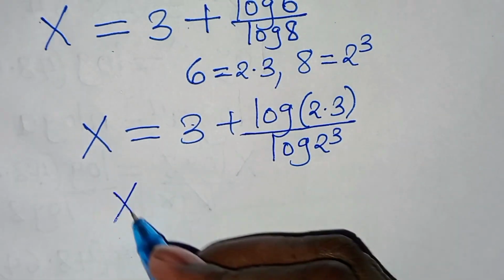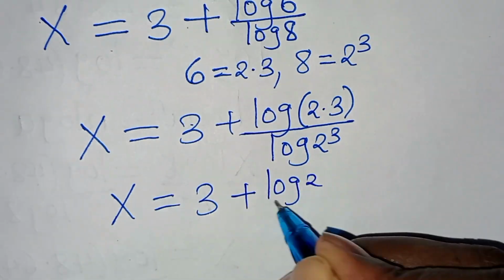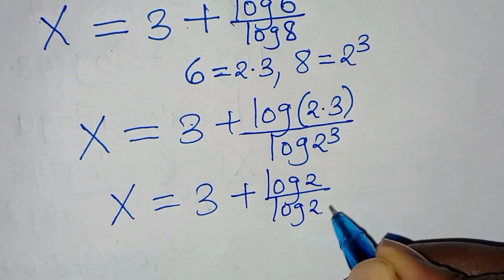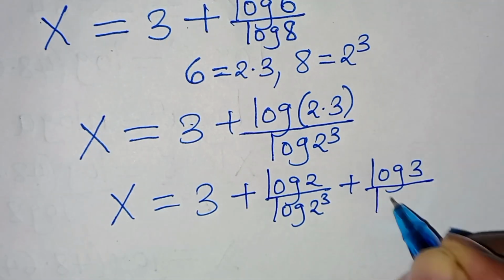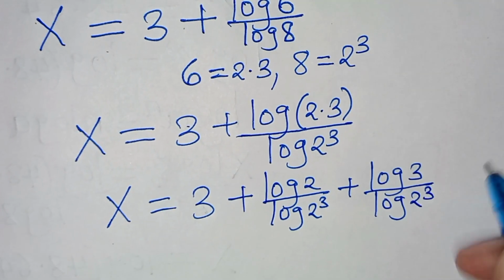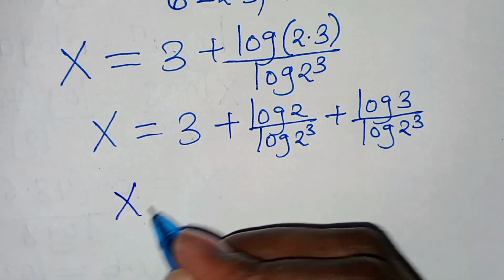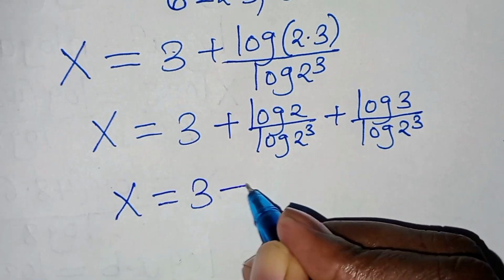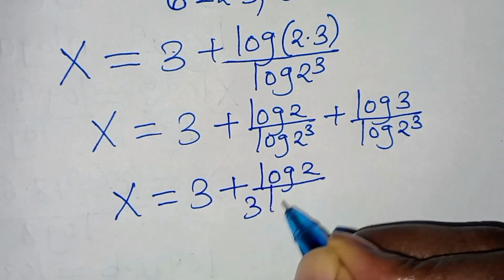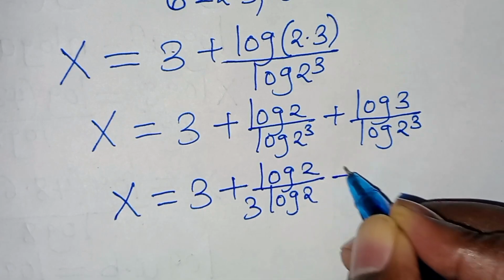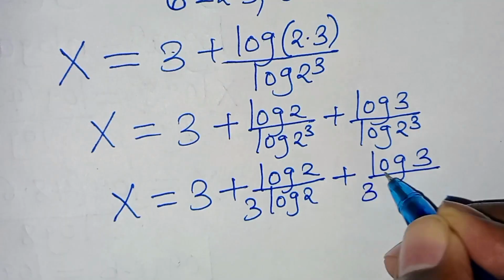So this implies that x is equal to 3 plus log 2 divided by log 2 to the power 3, plus log 3 divided by log 2 to the power 3. Now applying the power rule property here, we have that x is equal to 3 plus log 2 divided by 3 log 2, then plus log 3 divided by 3 log 2.